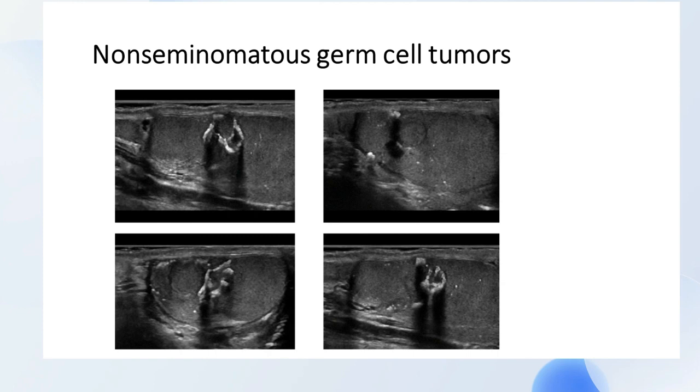You can see that it's irregular, and since it's intratesticular, I said if you see tumors that are intratesticular, you must always query malignancy. So your role, which I want you to give more emphasis to, is to be able to identify the location or localize lesions.